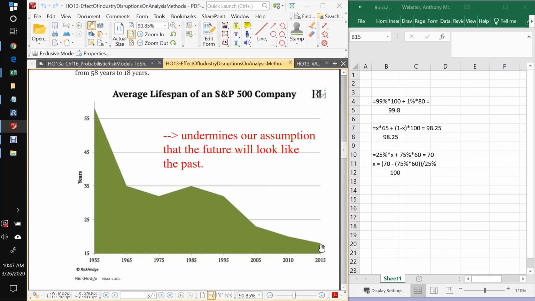So if the companies are only lasting 20 years, clearly our future-looks-like-the-past model is not going to work well because our data set isn't big enough to make it work well. Okay, enough on that.